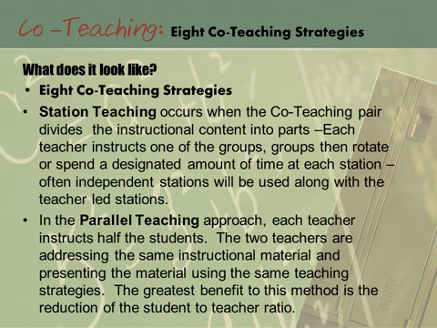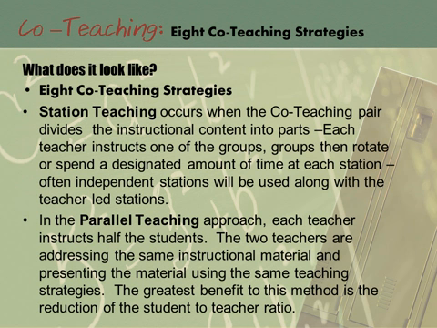Another example of co-teaching is station teaching, and this occurs when the co-teaching team divides the instructional content into parts. So each teacher instructs one of the groups. Groups then rotate or spend a designated amount of time at each station with those individual teachers. And there are often independent stations set up that are used along with the teacher-led stations.